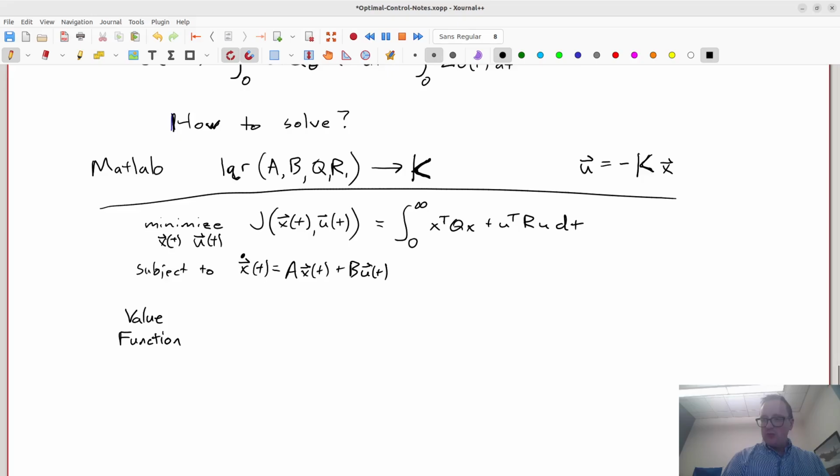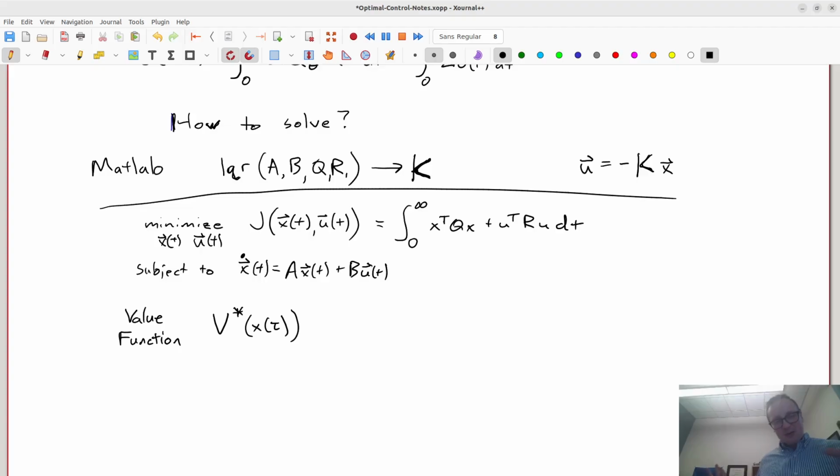And we're going to denote the optimal value function, v star of x of tau, to be the objective value that we will obtain by following the optimal control law.